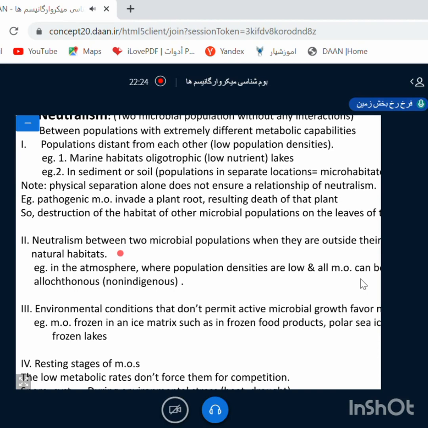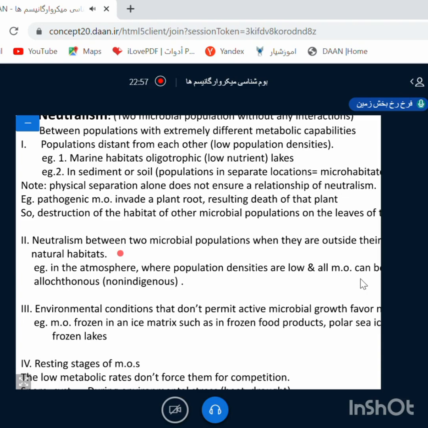From coughing and sneezing of humans, of animals, from infected plants, many bacteria, many viruses, many spores come into the air. From wind, many aerosols, many droplets of water come into the air. So in air, we don't have any native organism.